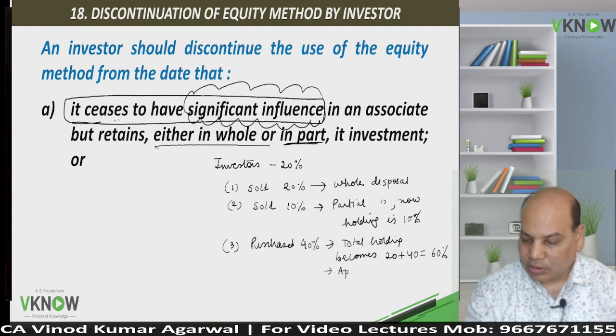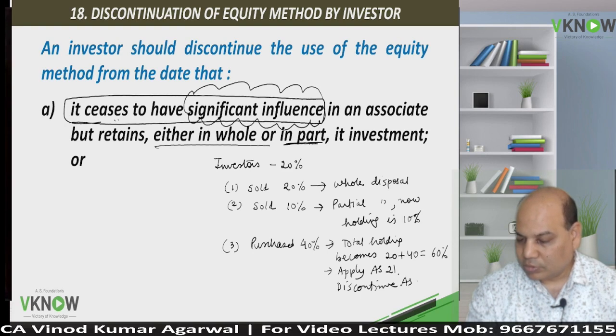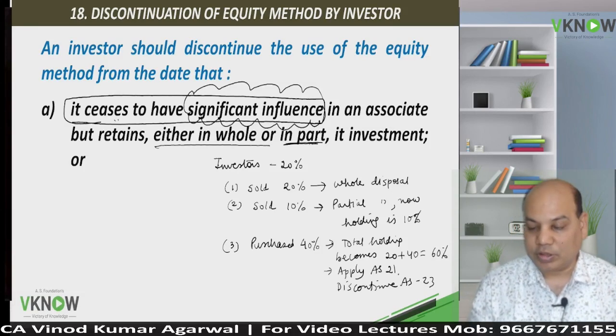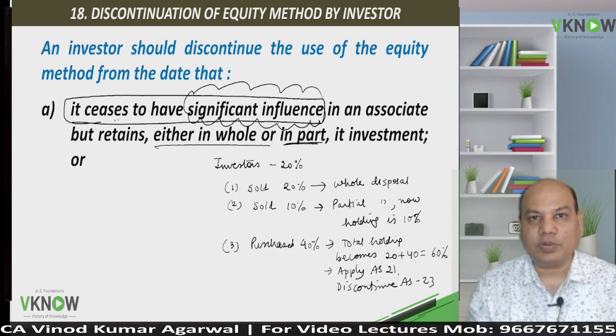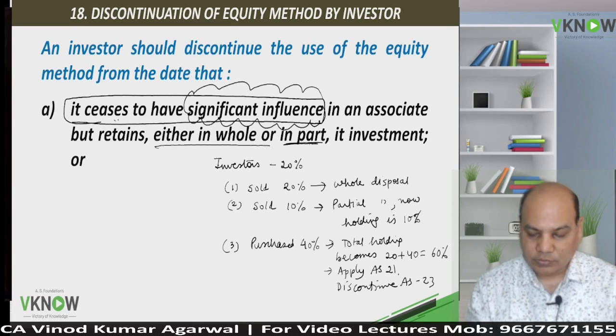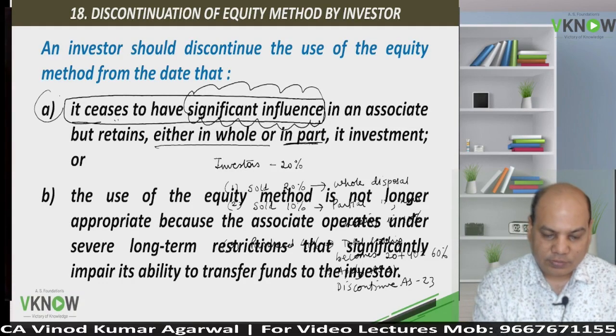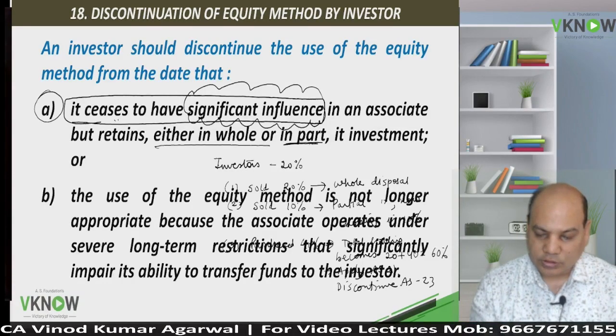You will apply AS21 and you will discontinue AS23. So sometimes an associate may become a subsidiary when the investor acquires more shares. Then you don't apply this standard; rather, you apply AS21. So this is the first reason: you don't have significant influence.